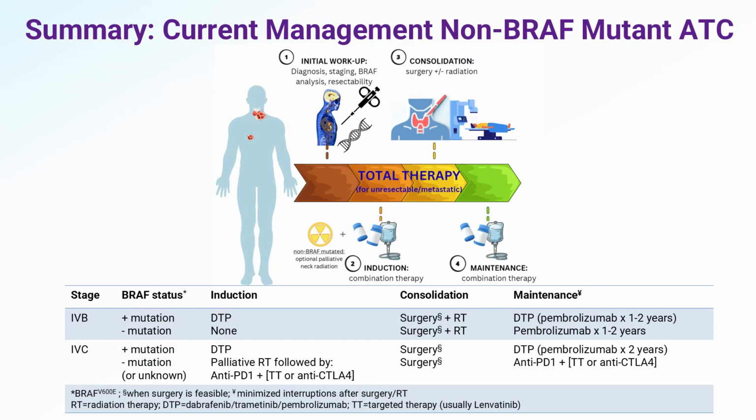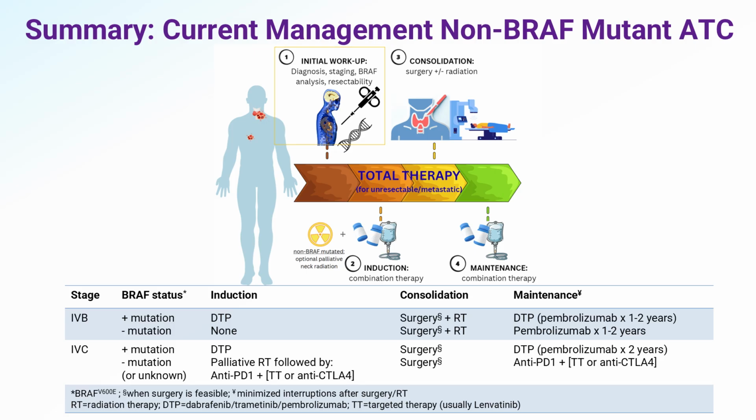So in summary, this is our current management of non-BRAF mutated anaplastic thyroid cancer. We need to do a good initial workup, including BRAF analysis, staging, and whether the patient can go to surgery or not, especially in stage 4B patients.